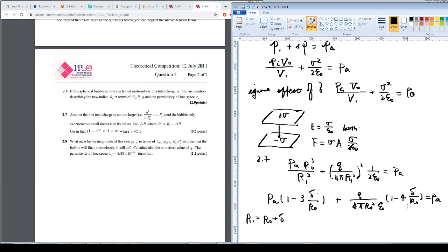Don't you have to square Q? Yeah, we need to square everything here. Q over 4 pi epsilon naught. So put that in here.